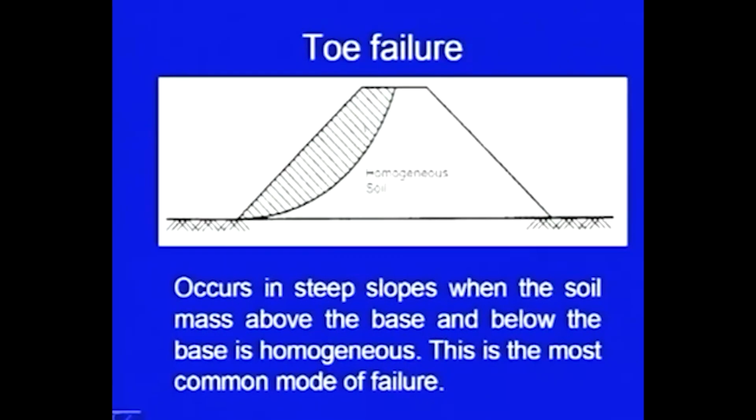So here almost similar properties are there in the embankment or in the dam, as well as in the base here. And this is the most common mode of failure. Most of the times this is going to happen. So this slope angle should be relatively steep. For those steep slopes, generally this kind of failure will be taking place. So earlier the failure was taking place in the slope, now it is taking place through the toe.